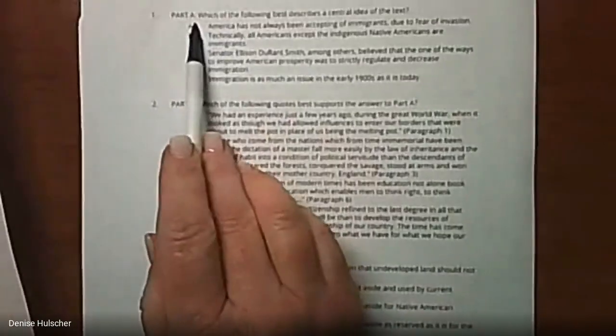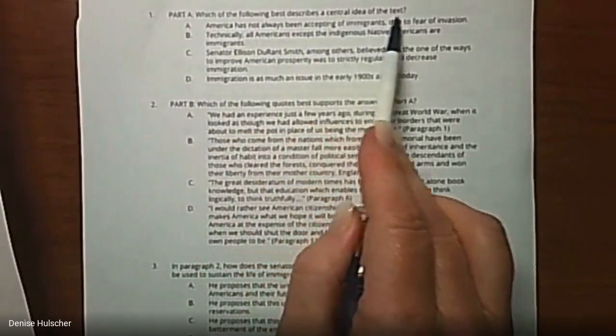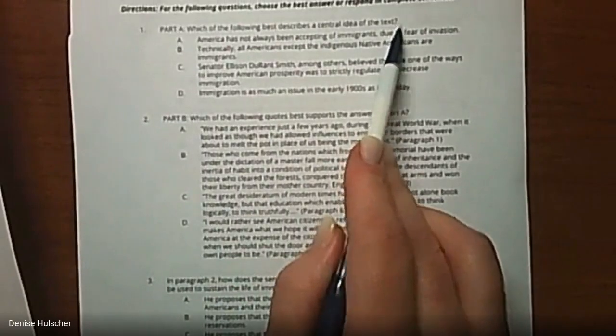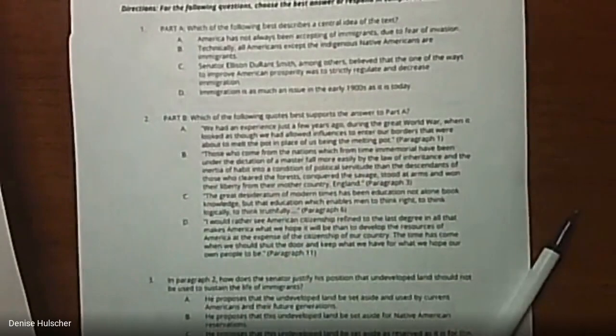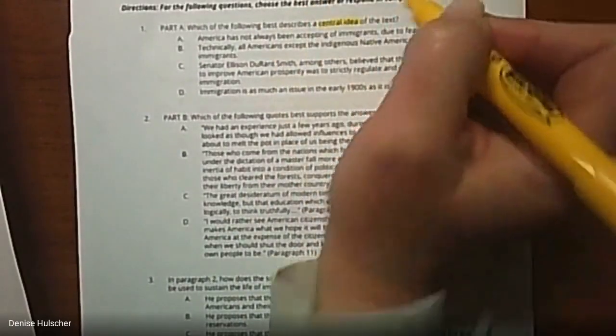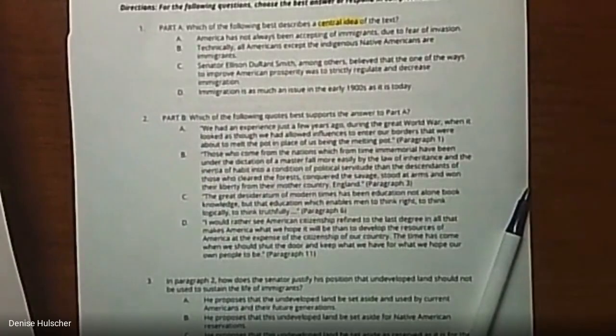So, first one, which of the following best describes a central idea of the text? So as a good reader, I want to think about what that academic vocabulary is in there that is what I'm really supposed to be looking for. And so I'll notice right away, central idea. And what do I want to know about the central idea?